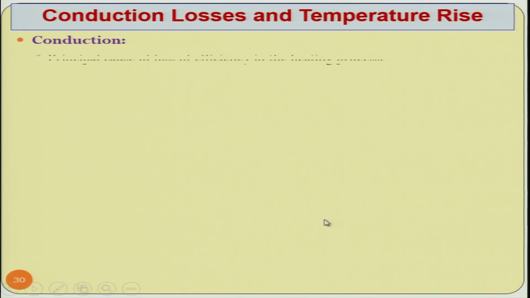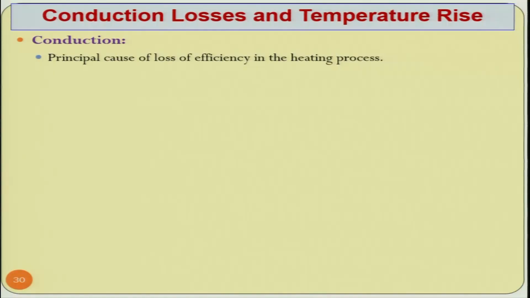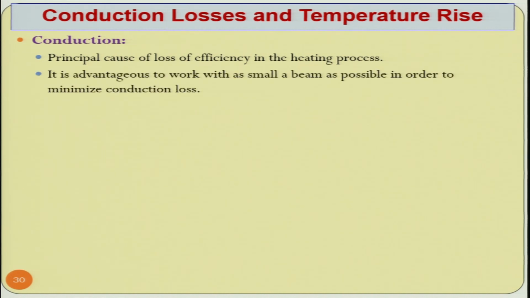Now, conduction losses are the principal cause of loss of efficiency in the heating process, because if there is a large on time of the pulses, then heat may get diffused into the workpiece, and you will have the conduction of the heat into the bulk material of the workpiece, and efficiency will go down.